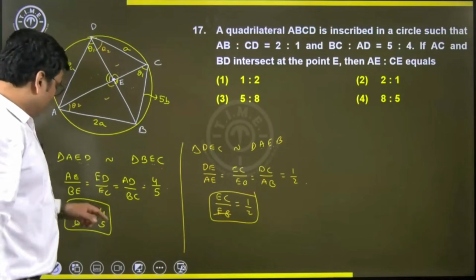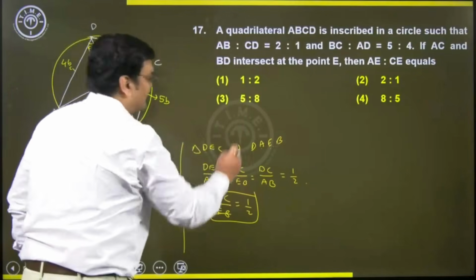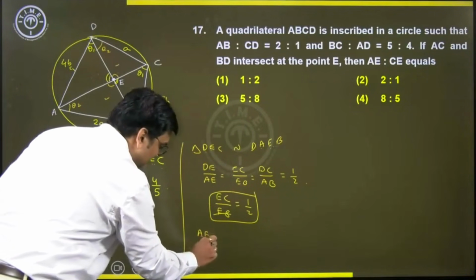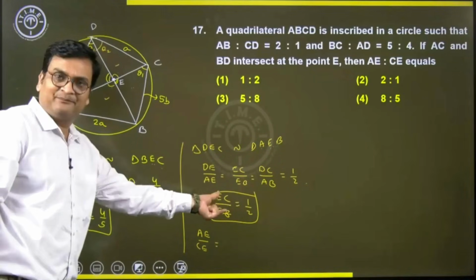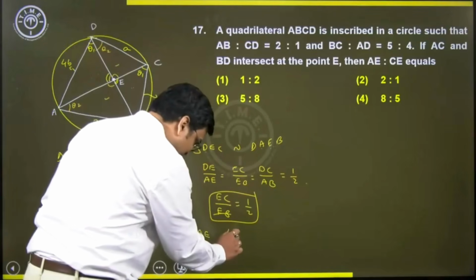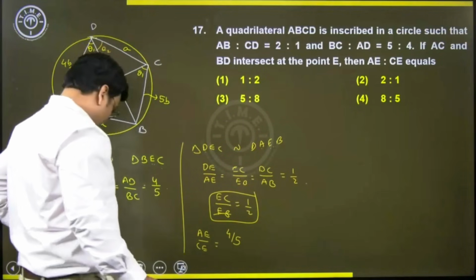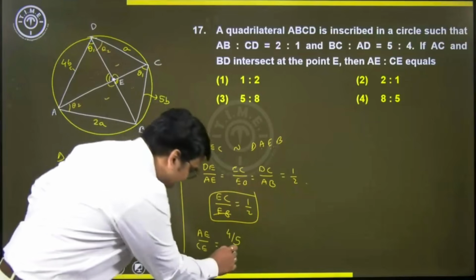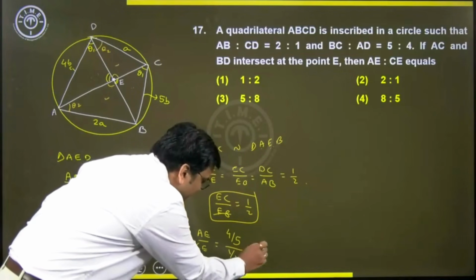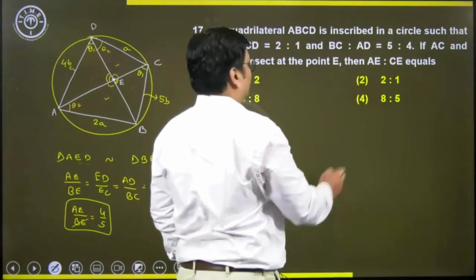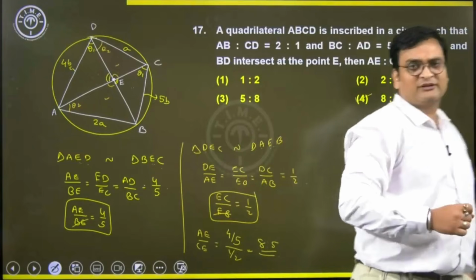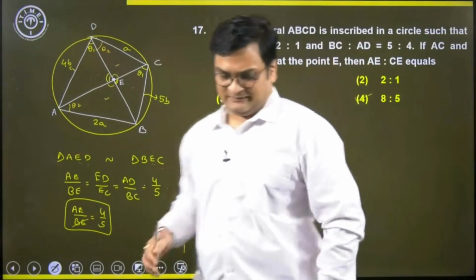So when you divide this, can I say my AE by CE is nothing but this divided by that, which is nothing but 4/5, the value of this ratio by 1/2. So you do that, you will get the value as 8/5 or simply 8:5. So option choice 4 is going to be the correct answer.